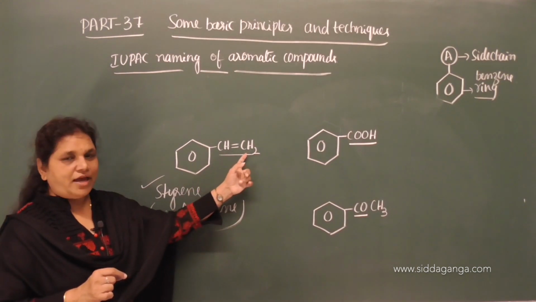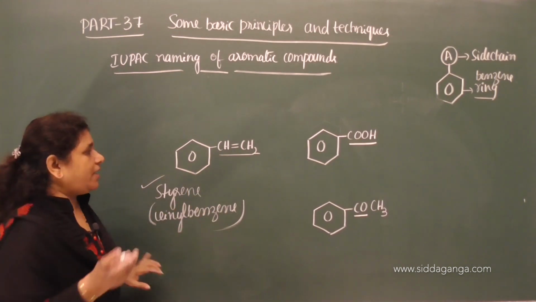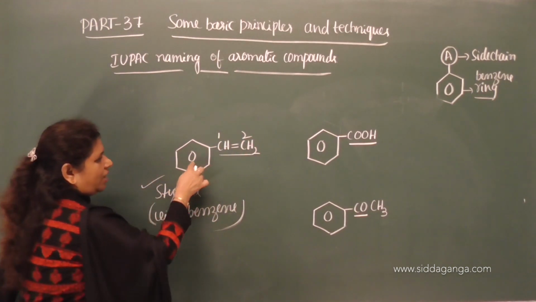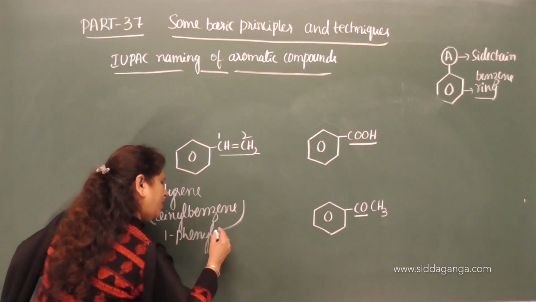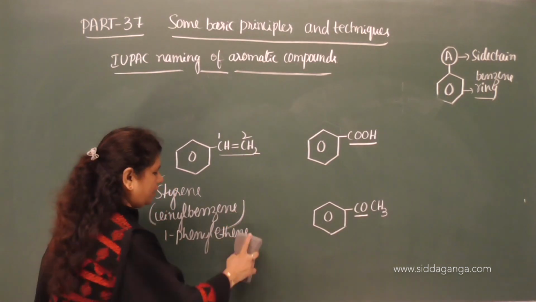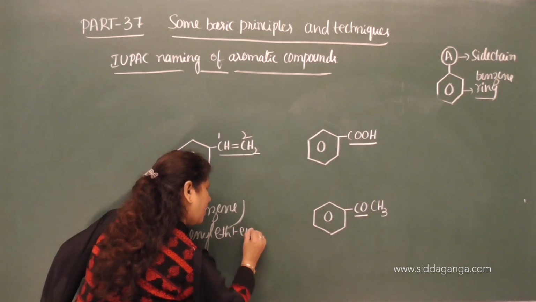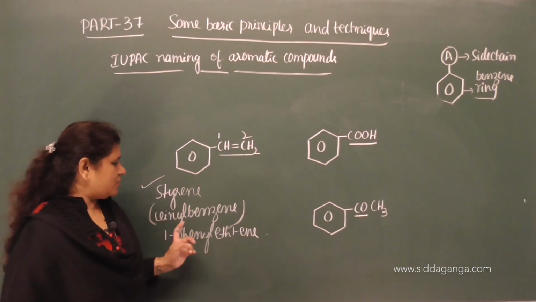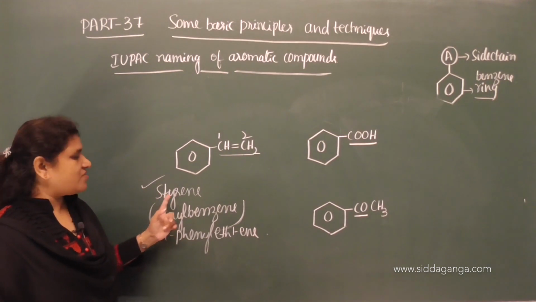And since it is a vinyl group, vinyl benzene, you can also name it as vinyl benzene, but for the actual IUPAC name it is 1-phenyl ethene. 1-phenyl ethene, eth-1-ene. 1-ene means the double bond is between the first and the second carbon. So 1-phenyl ethene is the IUPAC name. So vinyl benzene is also a common name, and a commercial or special name is styrene here.